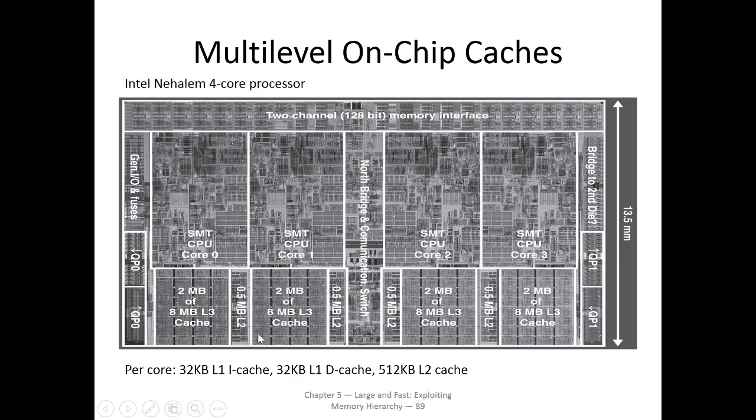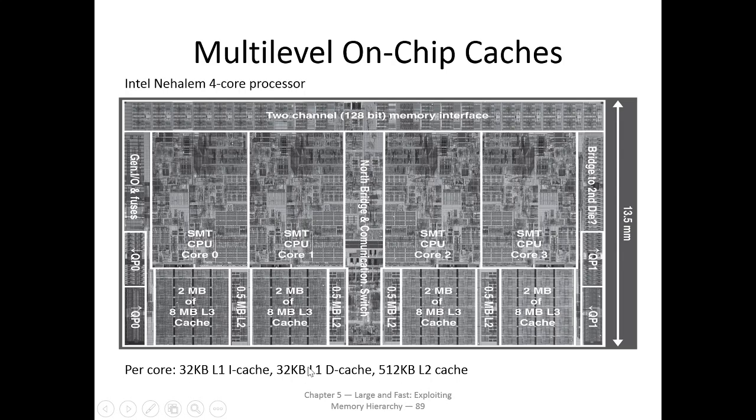Here's an example of where that might happen. For example, an Intel 4-core processor, very similar to what I just talked about. You have cores 0, 1, 2, 3, and then you have their caches. L1 cache is 32 kilobytes. Actually there's a couple of them, so it's broken up into I cache and D cache.